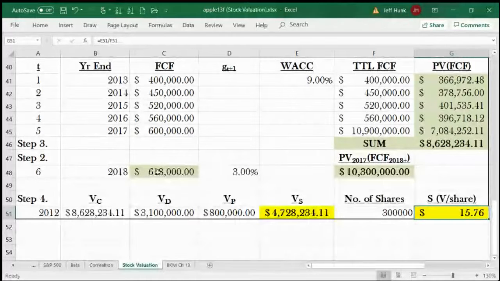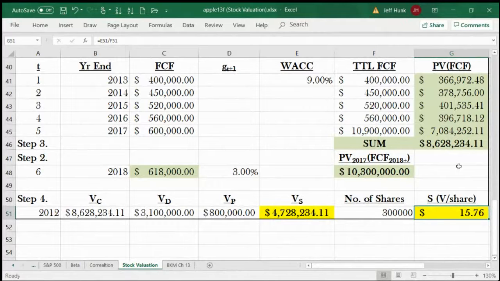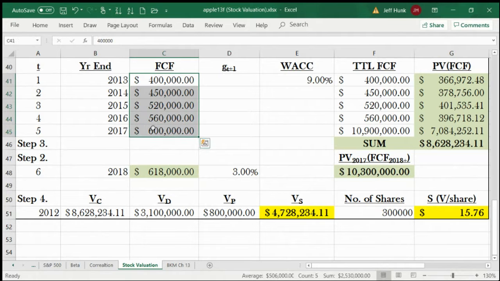Okay, so this is it. I've been just projecting the PowerPoint slide. So look, once again, the free cash flows I turn into present values.